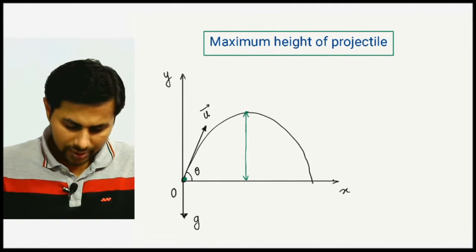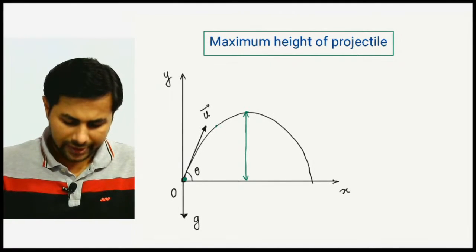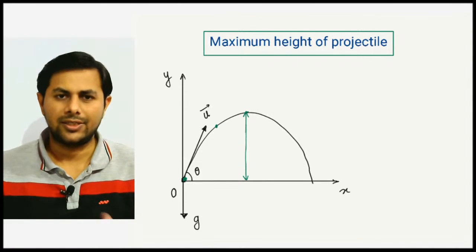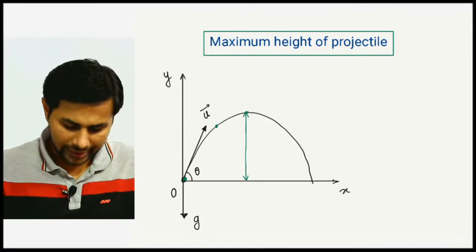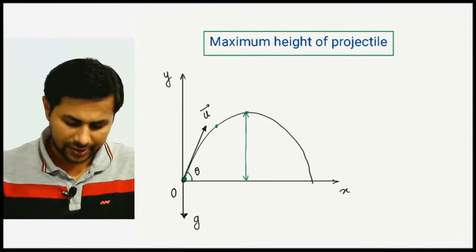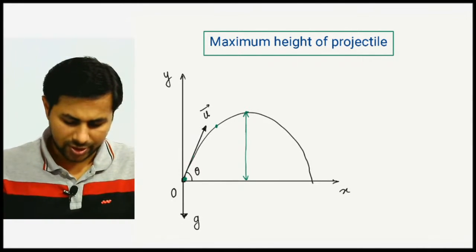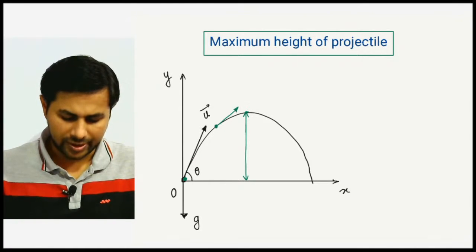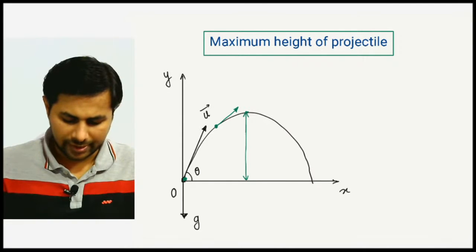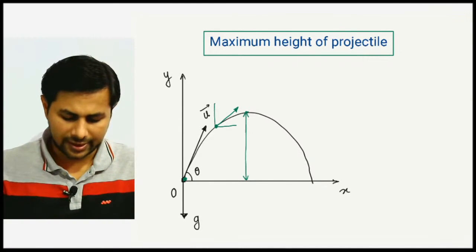So we know that the instantaneous velocity is tangential to the path. So at this point the velocity is tangential to this path. At this point it will be in this direction, so it can still be resolved along x and y components.